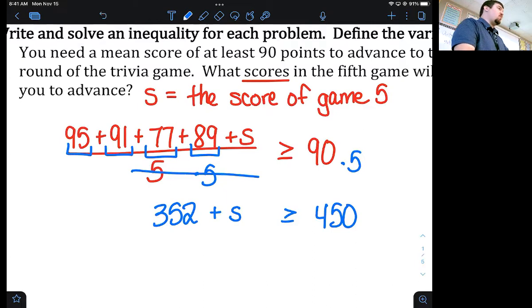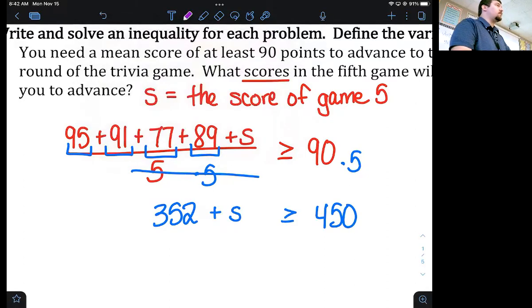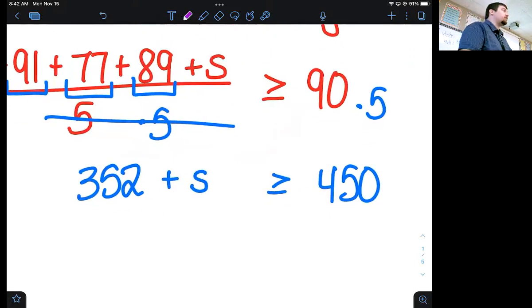So once I know how many points I've scored, how do I finish this problem, Thomas? What number am I trying to get rid of? How do I get rid of it? I don't divide, it's not being multiplied.